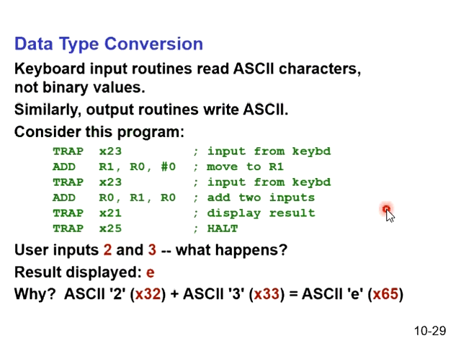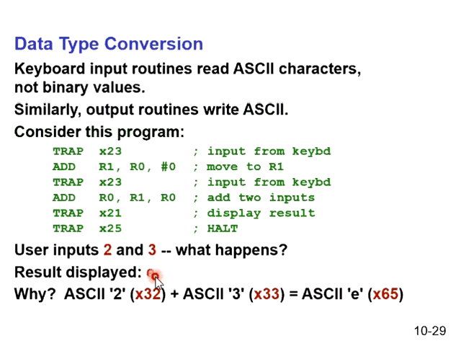Now we go to the problem for data conversion. For example, when you trap 33, you input two values 2 and 3. So what do you have? Can we get the final result for the sum?